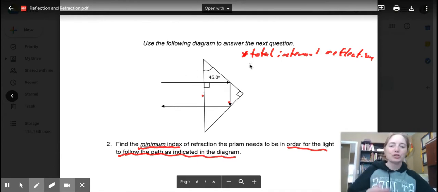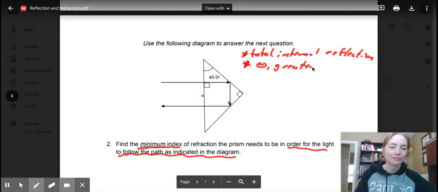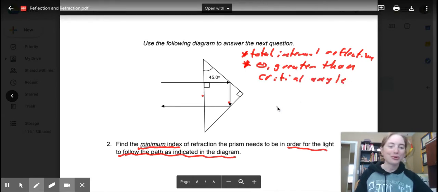So let's think about what we know about total internal reflection scenarios. What we looked at in the notes is that your incoming theta has to be greater than your critical angle.